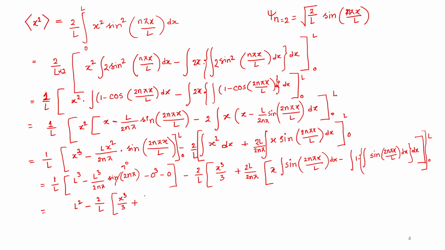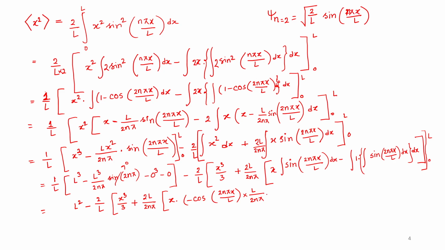plus 2L by 2n pi. I could have cut these two also, but I'm still hopeful that something will come up. Now it will become x into minus cos 2n pi x by L, and the L by 2n pi, the constant term, I'm writing it here. Okay.